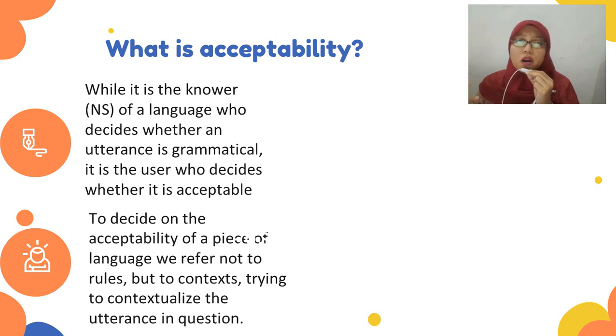While it is the knower or native speaker of the language who decides whether an utterance is grammatical, it is the user who decides whether it is acceptable. And then to decide on the acceptability of a piece of language, we revert not to rules, but to context, trying to contextualize the utterance in question.